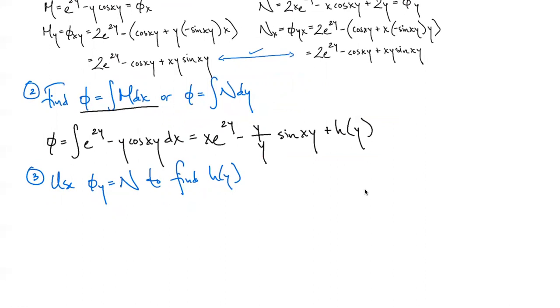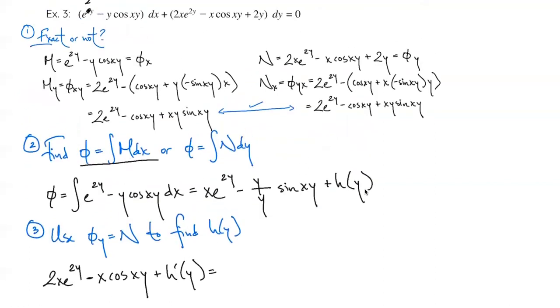Here we go. We've got 2x e to the 2y minus, let's see, if we find this partial with respect to y, then we're going to get cosine xy times x, so a little bit of chain rule, plus h prime of y. And all of that is going to equal the original N in the problem.